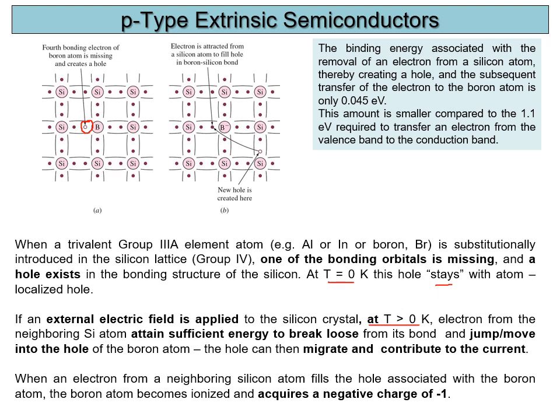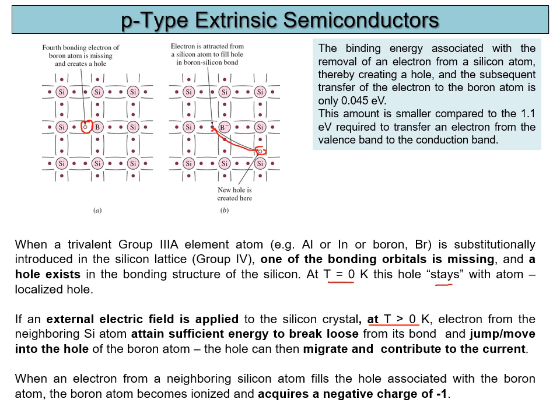While we apply the electric field, the nearest silicon valence electron will fill up the hole, and it will create another hole at the silicon. This process will continuously occur, and then it will conduct the electricity.